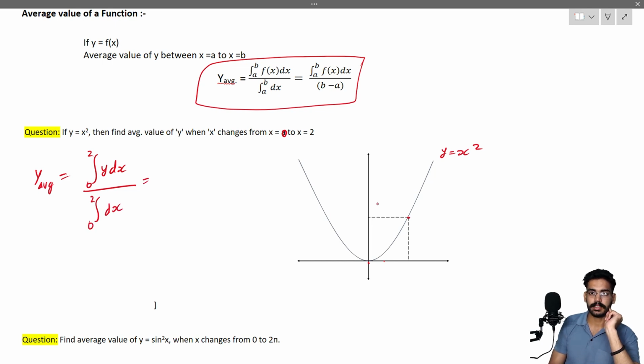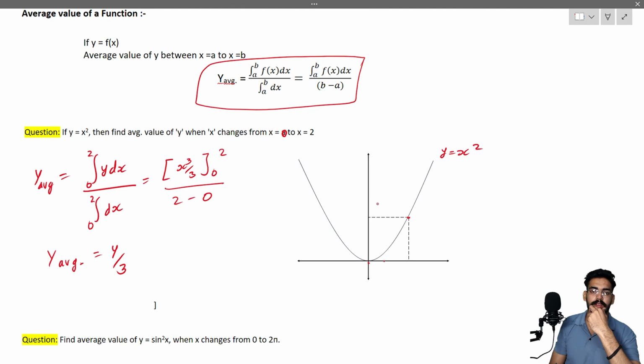So y dx, what is y? x squared dx. Integrating, you will get x cubed by 3 from 0 to 2, divided by 2 minus 0. So y average you're going to get 4 by 3. This is your average value of the function from 0 to 2.